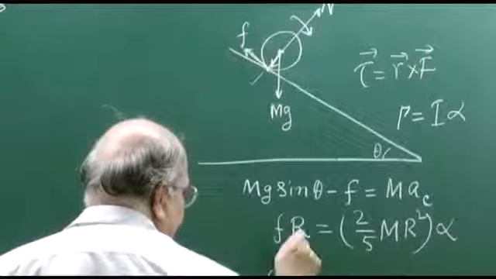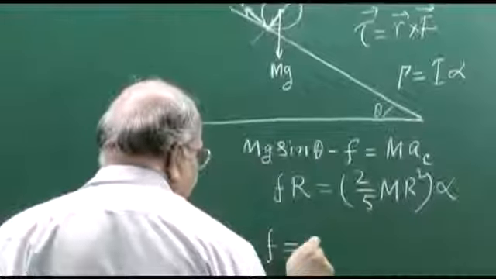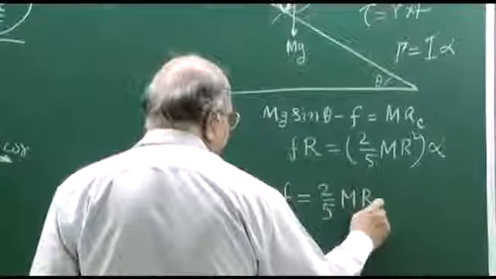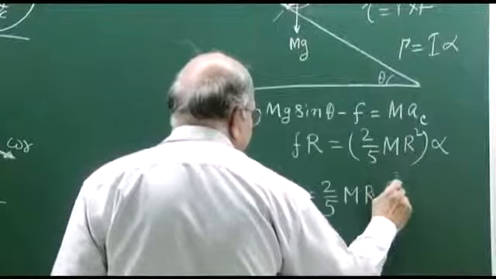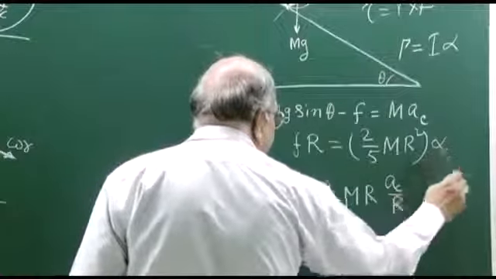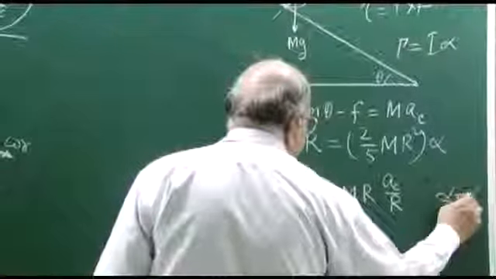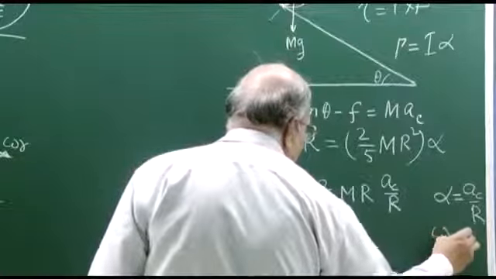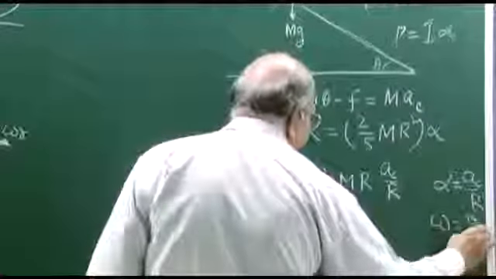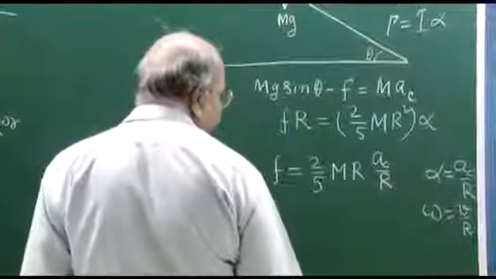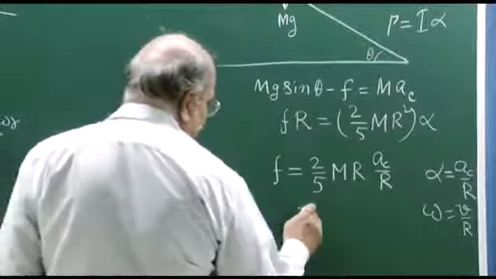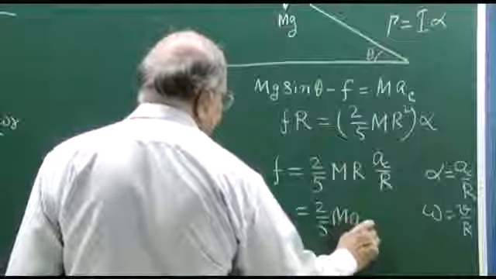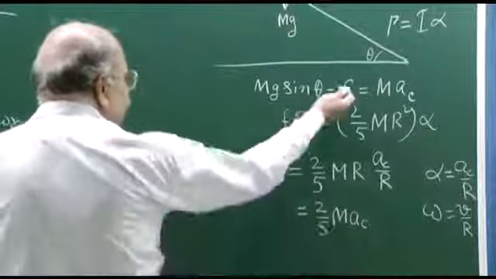And you can cancel one r from both sides. So, this is 2 by 5 m into r, and alpha will be a_c divided by r. This is the condition for no slipping. Alpha is equal to a_c by r, that is the condition for no slipping. Angular velocity is equal to linear velocity divided by r, that is the condition for no slipping. And so, this is 2 by 5 times mass times acceleration a_c, and this f you can put here.